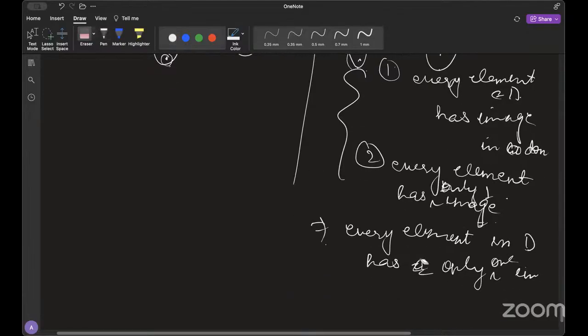Or let's just keep the wording a little tight so that there is no ambiguity. Every element in D has exactly one image. This is fine.